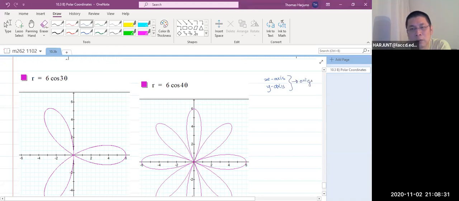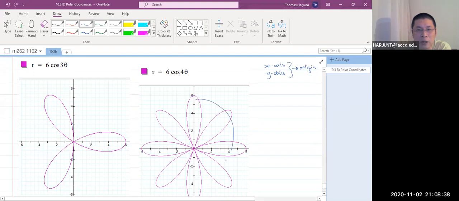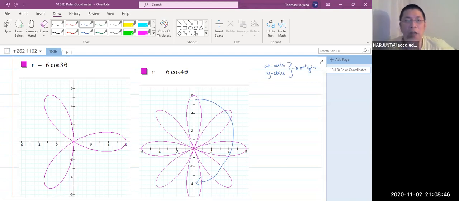Do you realize that? In other words, you can rotate this flower 180 degrees and it still matches. In this case, actually, you can rotate it every 45 degrees and it will match. Okay?